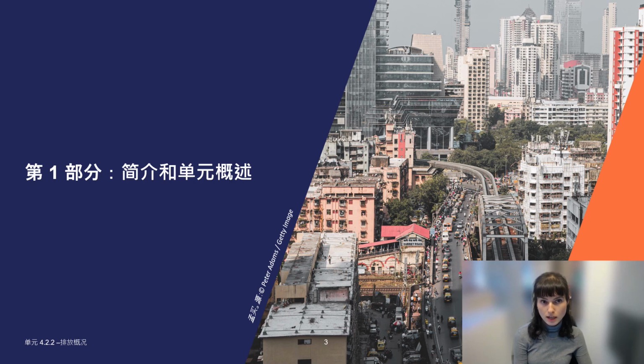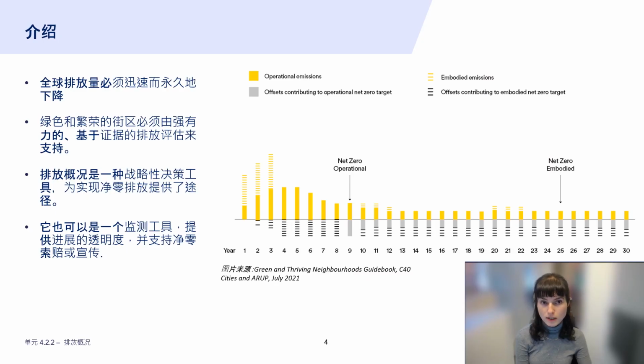Part 1, Introduction and Unit Overview. It is vital that global emissions fall quickly and permanently. Neighbourhoods are complex systems and a green and thriving neighbourhood must be supported by a robust evidence-based emissions assessment. An emissions profile can be developed for a new or an existing neighbourhood.